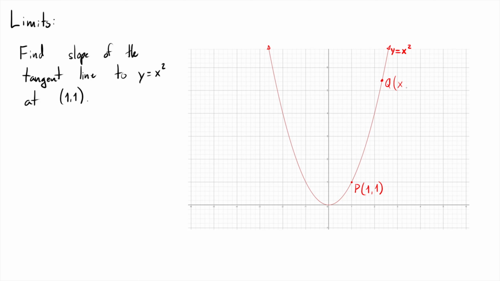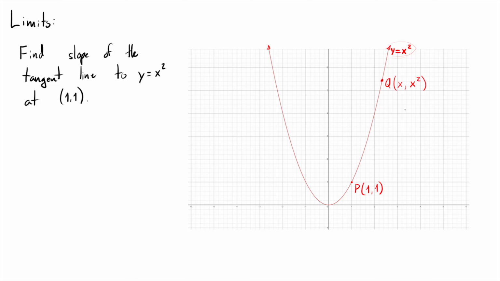So instead of writing y, what does y represent? Looking at the equation, y represents x squared. So instead of writing y, I'm going to write x squared. It means the exact same thing, except now it's in one variable, x, instead of two variables, x and y.